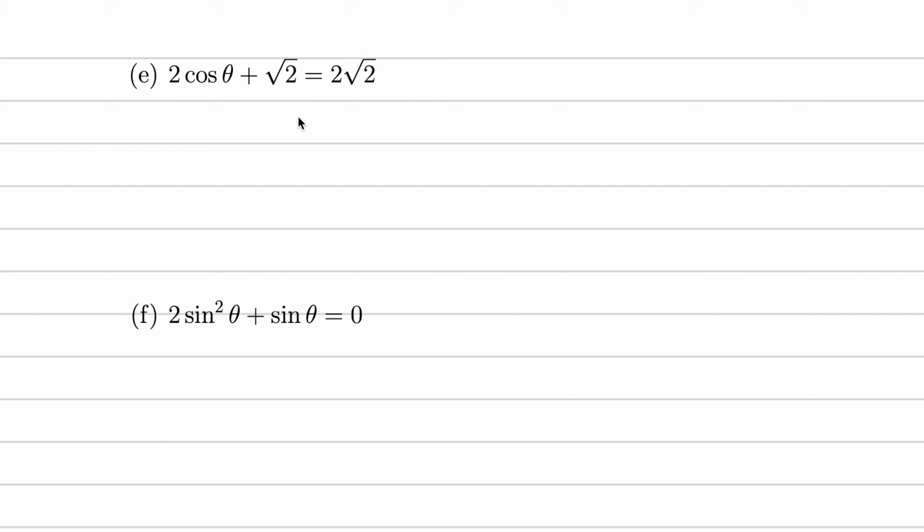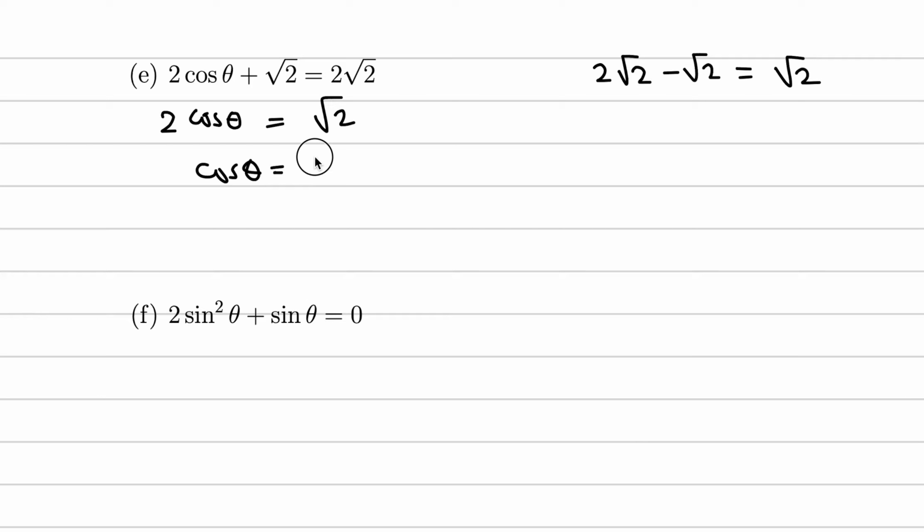Part E, subtract root 2 from both sides. That's 2 cosine theta equals 2 copies of root 2 minus 1 copy of root 2, which means just 1 copy of root 2. Now divide by 2: root 2 over 2. Cosine means x coordinate.